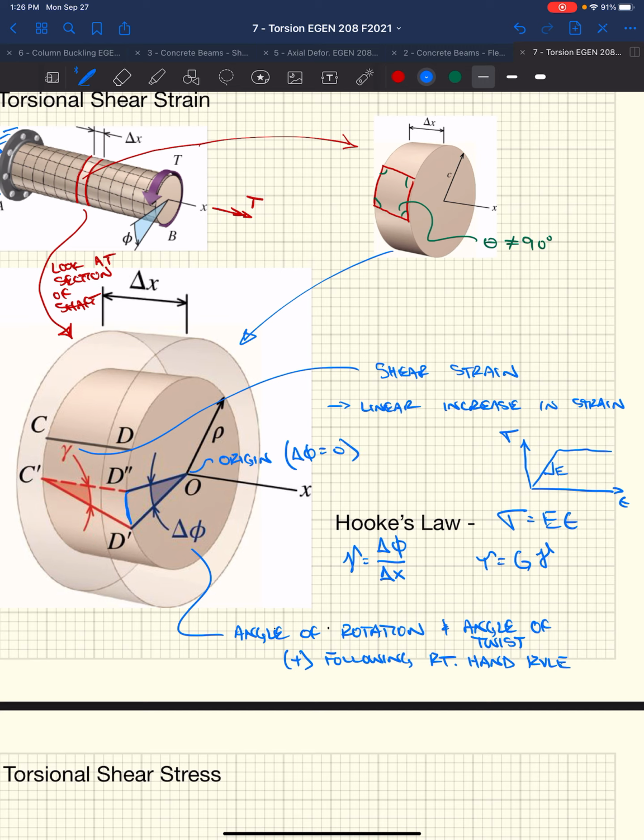So we have our angle of rotation is 0 at our origin, and we have our max rotation, or twist, at the outside face.